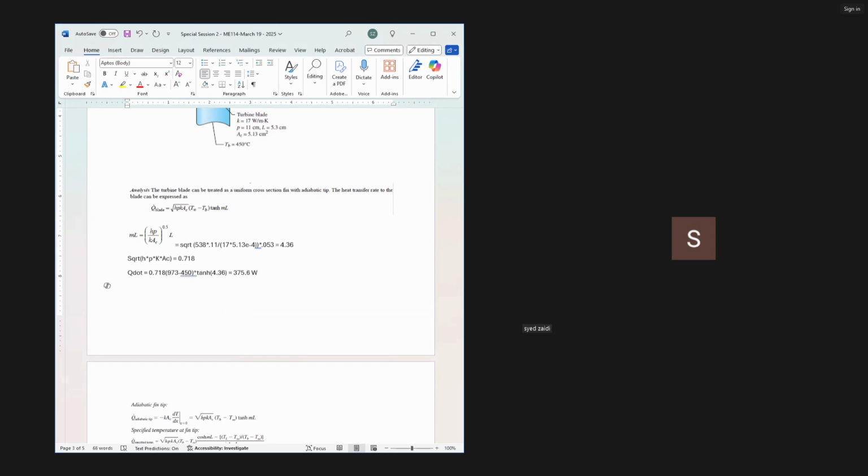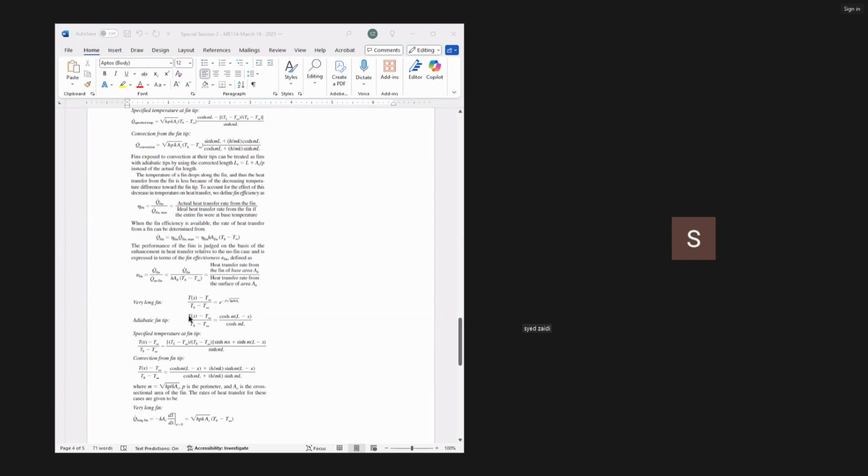Now the next part is to find out the tip temperature. So which means TL, temperature at tip, tip temperature. Now you have to go back to your book and find the tip temperature. So tip temperature for adiabatic fin tip is here.